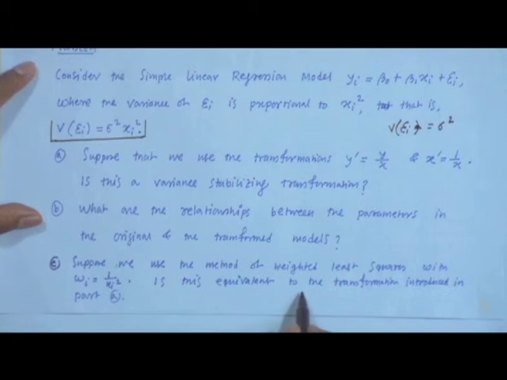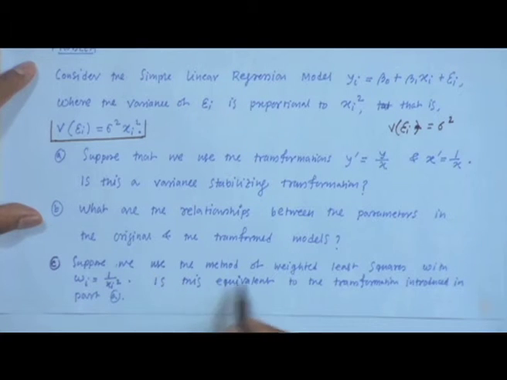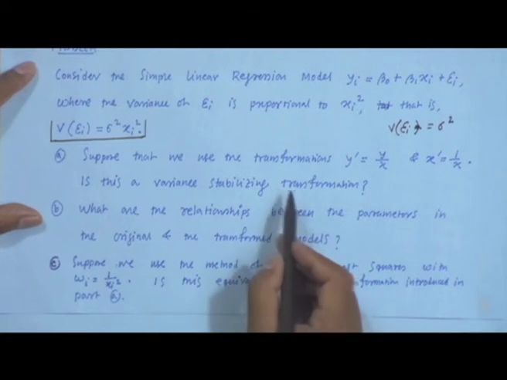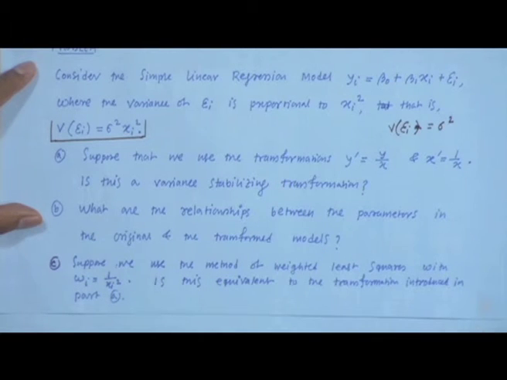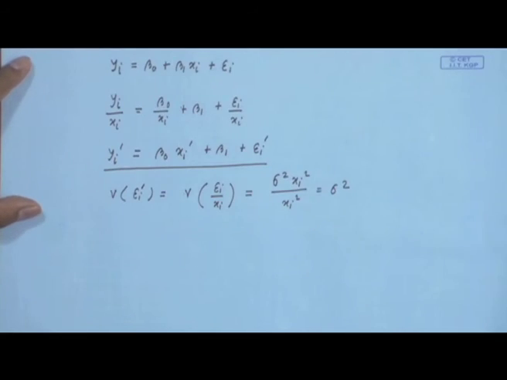Is this equivalent to the transformation introduced in part 1? I mean, considering weighted least square with this weight, is it the same as the transformation we considered in part 1? So, that is the question. You have to recall what is weighted least square. Okay, let me solve this problem.